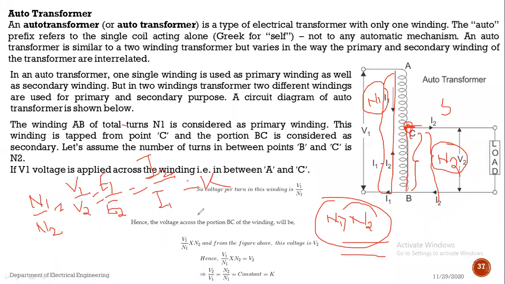N1 is greater, so the number of turns increases, and automatically the flux lines of force increase. If the induced EMF or the flux increases, the induced voltage also increases. So if N1 is greater than N2, then V1 is greater than V2.